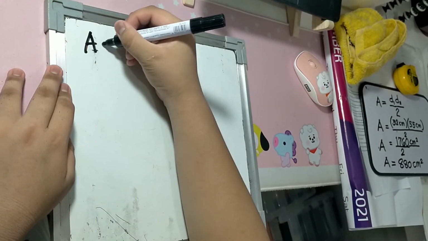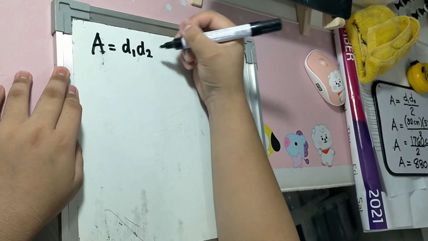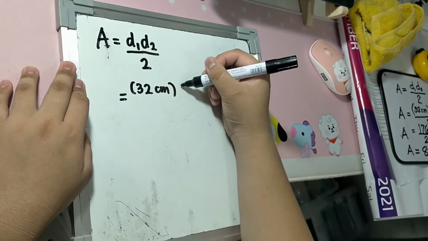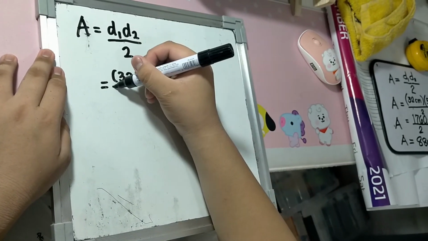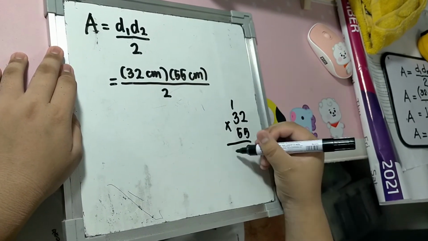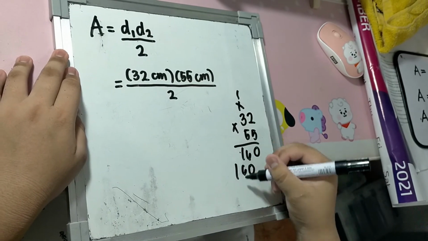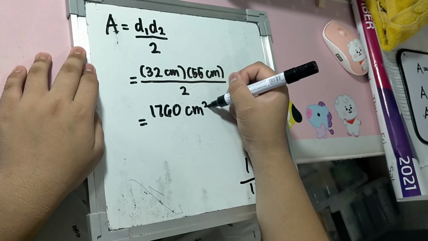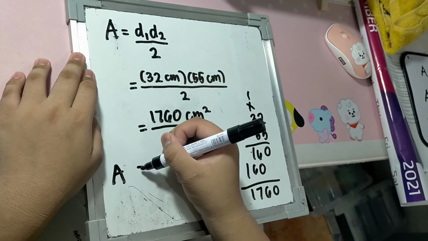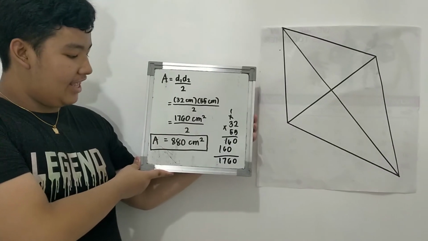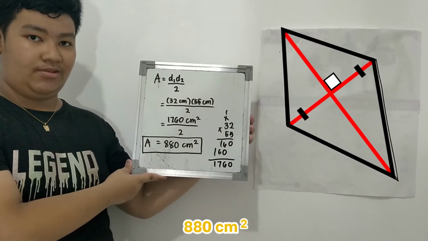Come on, let's show them the area of this kite. This kite is 880 centimeters squared.